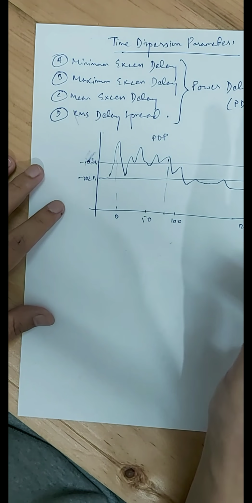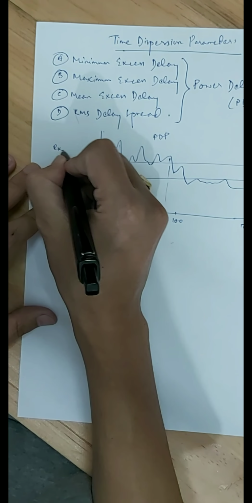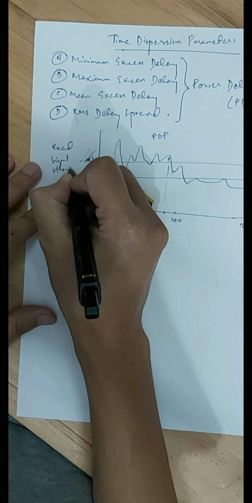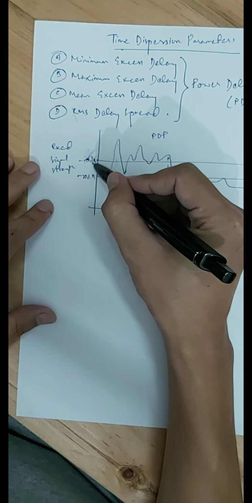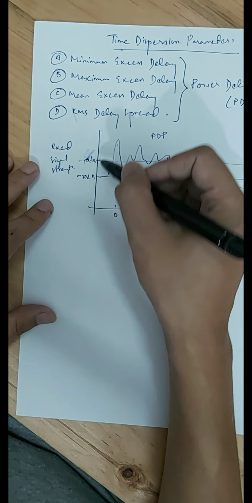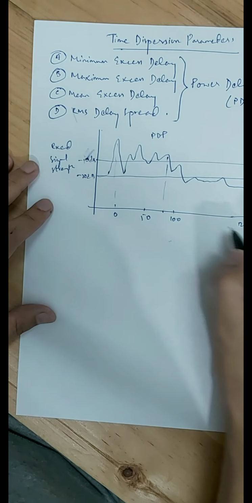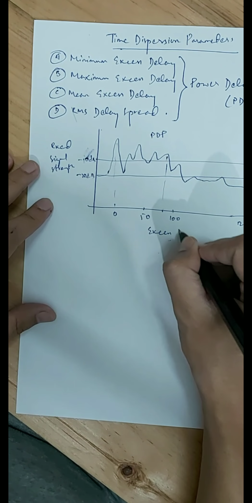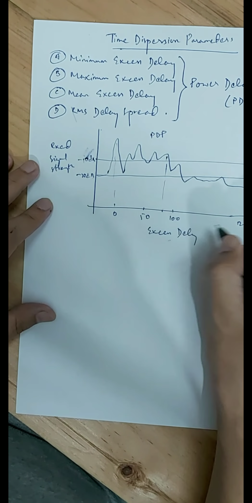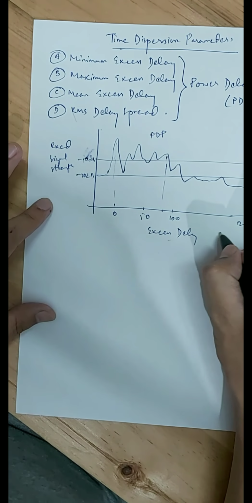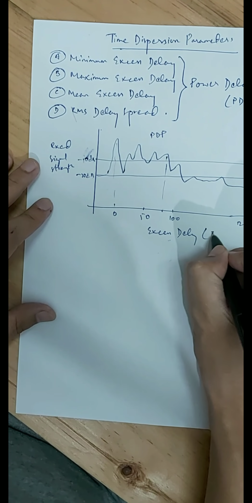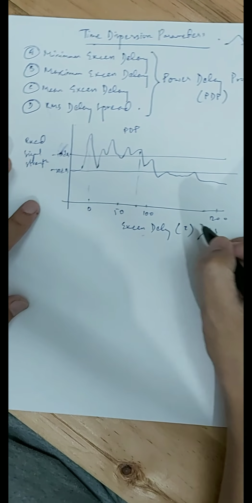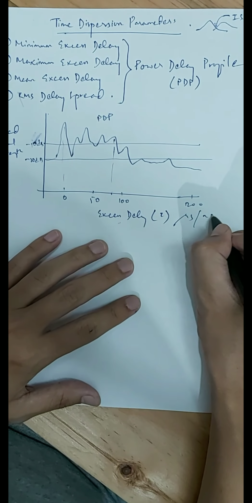It is a characteristic between received signal strength, which is usually shown in dB, decibel, in y-axis, and excess delay, shown usually by tau, and the unit will be microsecond or nanosecond.